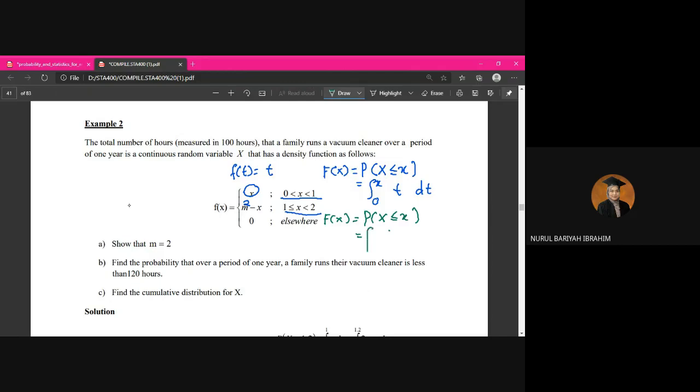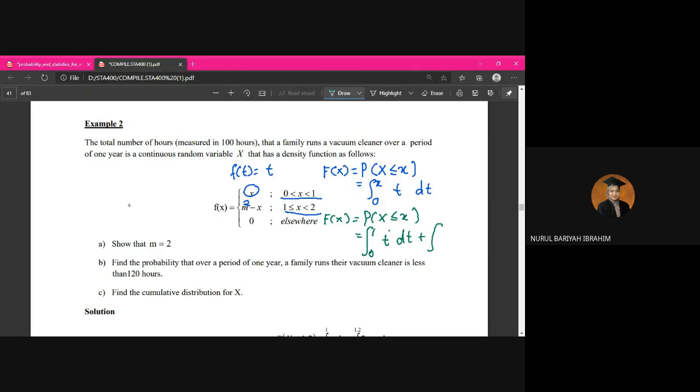Because of that, if we have two intervals like this, to find Fx for the second interval, we integrate the first function with respect to t from 0 to 1. But for the second one, we want to find the interval 1 to 2.